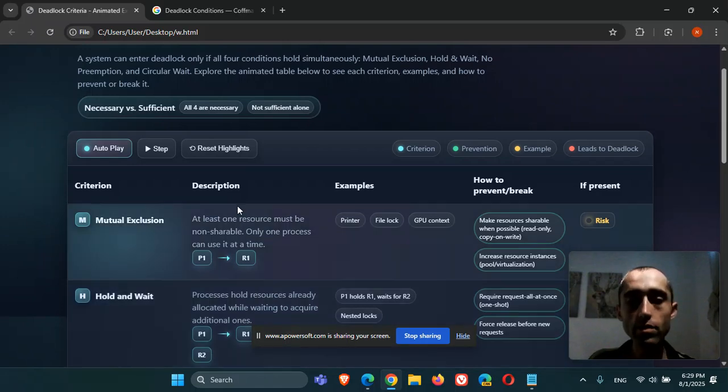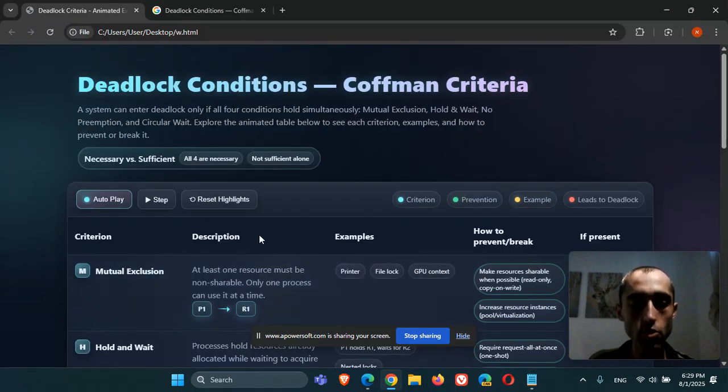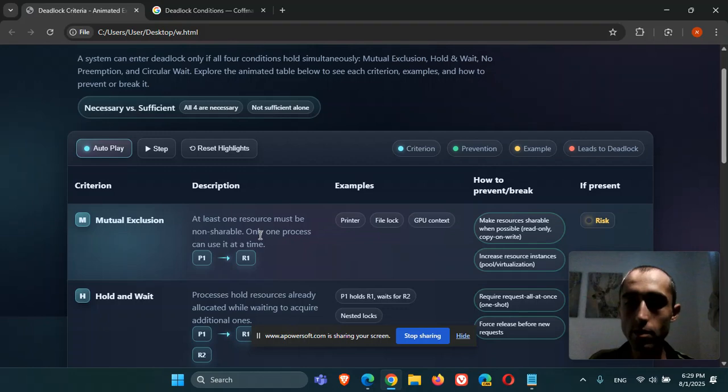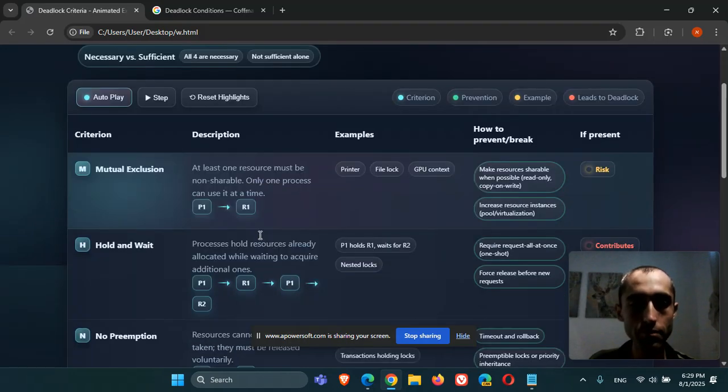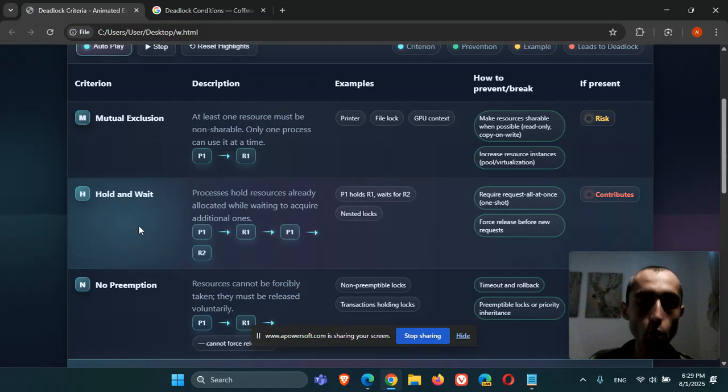So those are the four criteria, the Coffman criteria for deadlock conditions, which are necessary but not sufficient. Mutual exclusion: the resource is not shareable, it can only be in one process, and at least one resource behaves like this. Hold and wait: a process can hold a resource and wait.